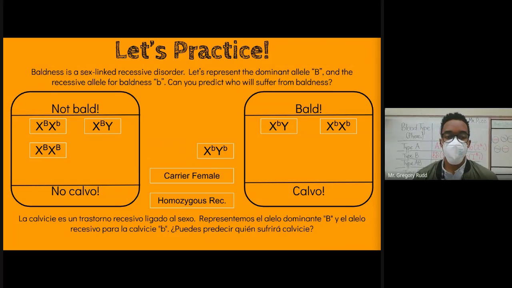What about X lowercase b, Y lowercase b? Okay, a lot of you are jumping in saying bald. This is kind of a trick question. Can anybody tell me why? What's wrong with this?